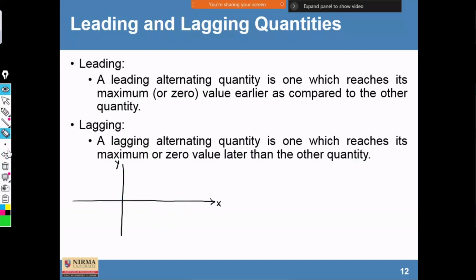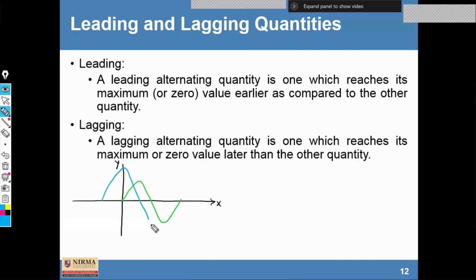Please write down the equations for all these three different waveforms.